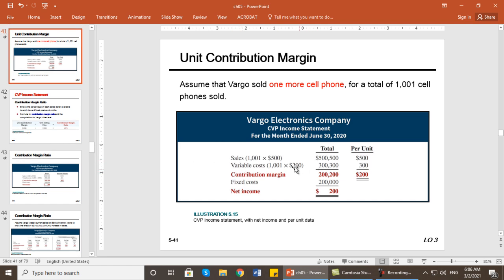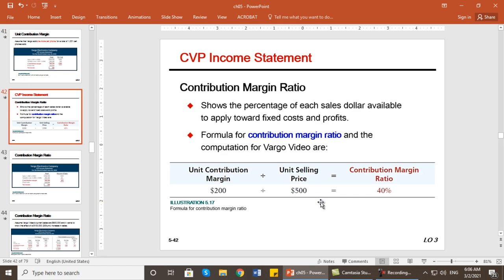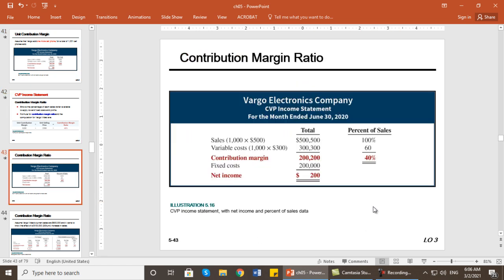As you see, this is contribution margin ratio 40%, percent of sales 100%, 60%, 40%.